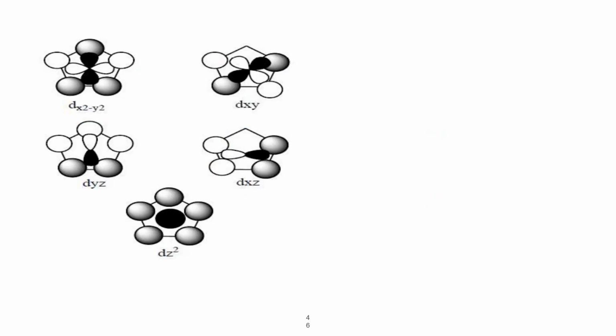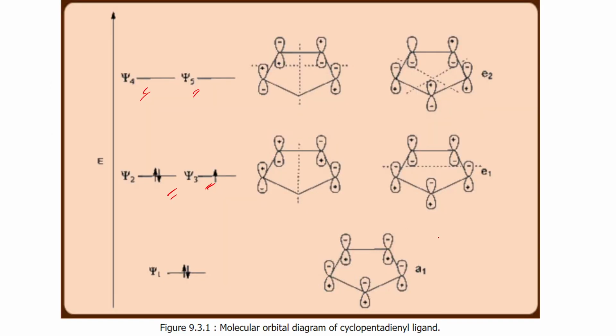Now, looking at the interaction between the ring and your metal, you can see the interactions that are going to be present. It is A1, E1, and E2, so according to this we are explaining.